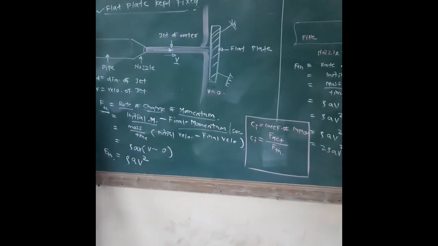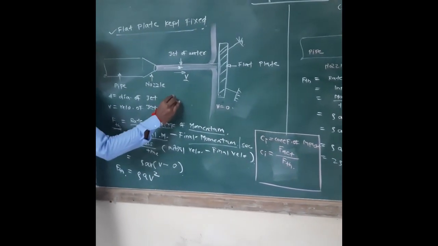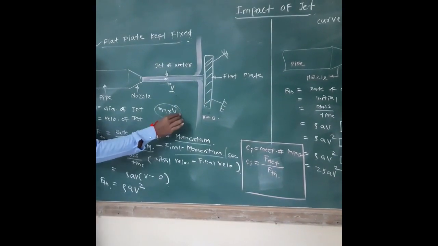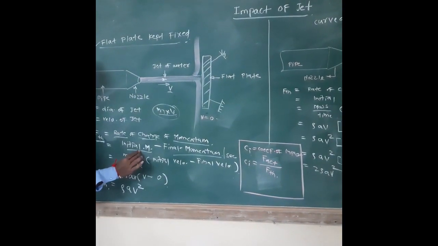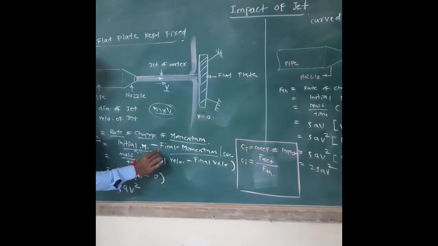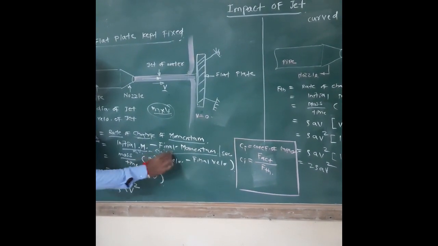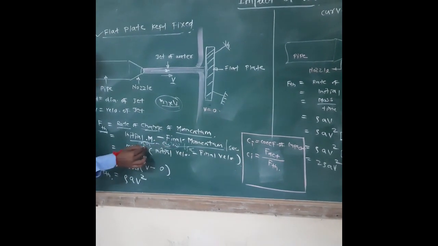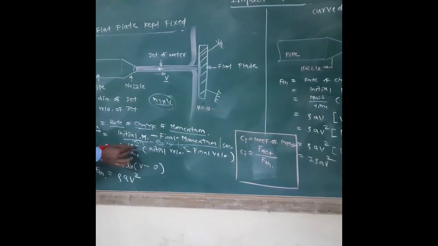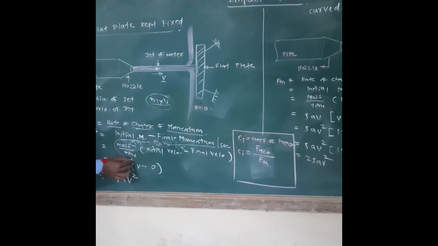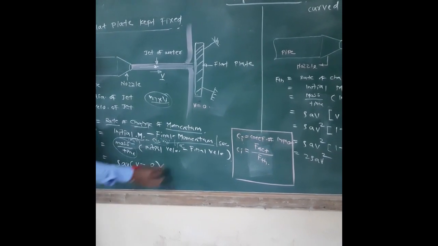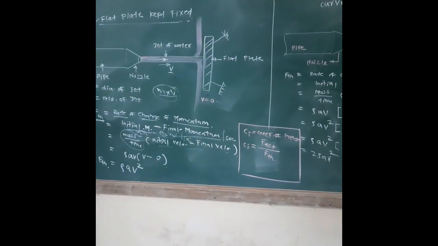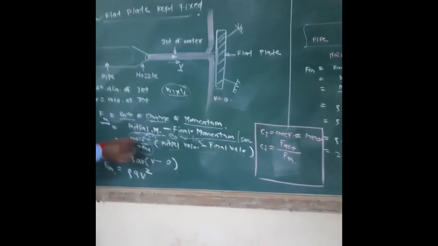We know that momentum is given by mass into velocity, so this becomes m1 v1 minus m2 v2, divided by time. Since mass is always constant, I can take mass upon time to one side, and then in brackets initial velocity minus final velocity. Mass per second is nothing but the mass flow rate.